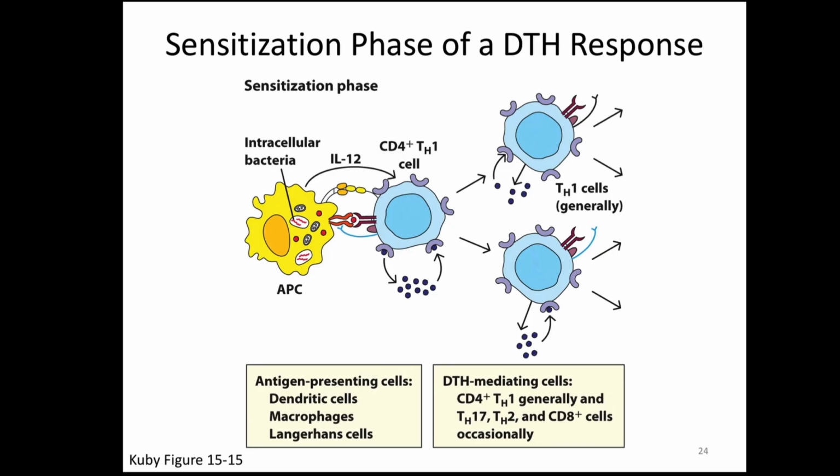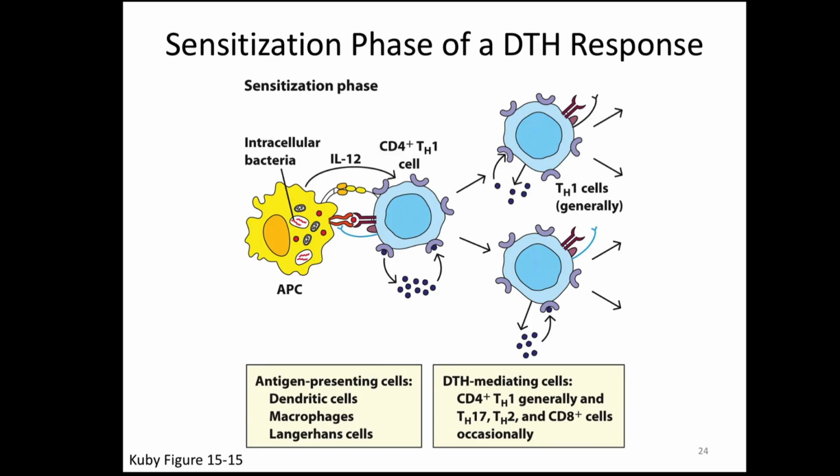Because all you're doing is making that type of Th1 response to that antigen. However, the first time around, you started out with perhaps a naive T cell, and then you made this Th1 response. The second time you see the antigen, you have memory Th1 cells.